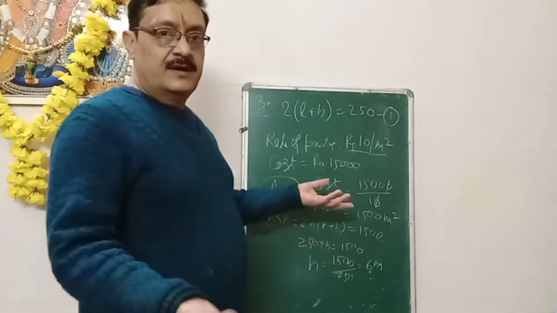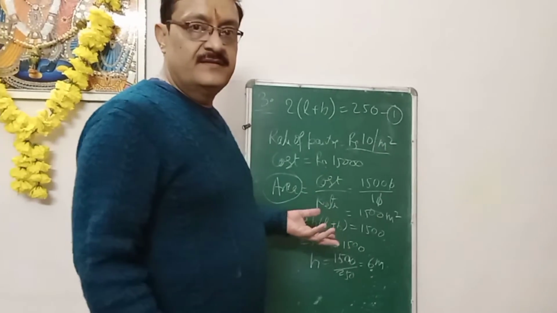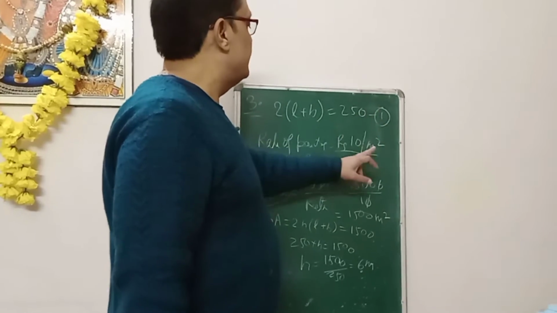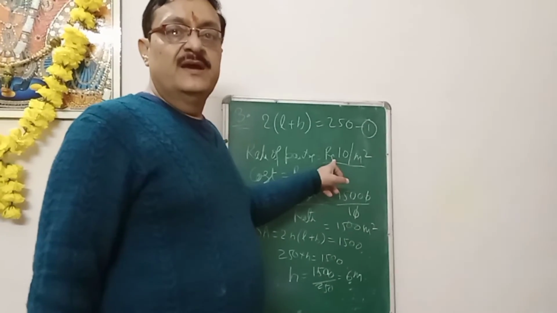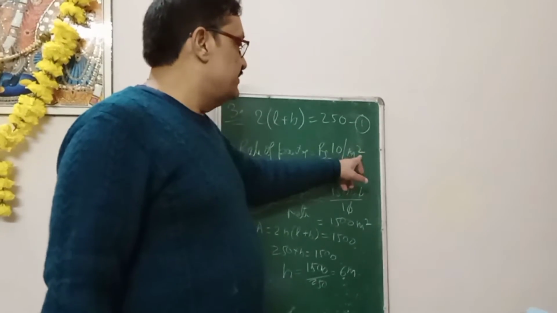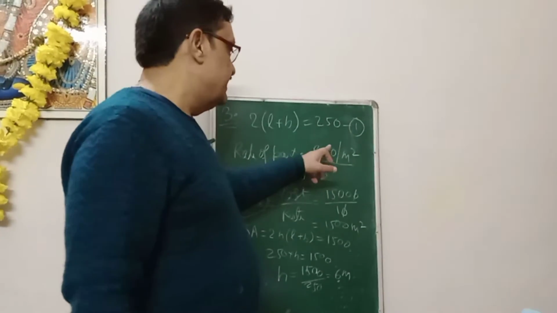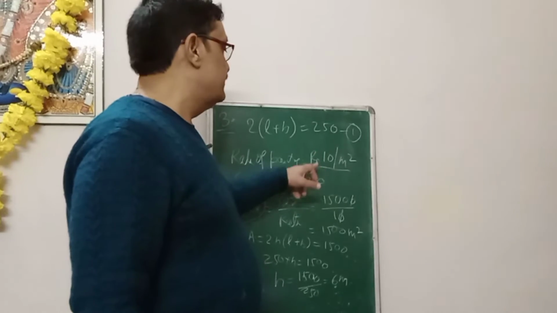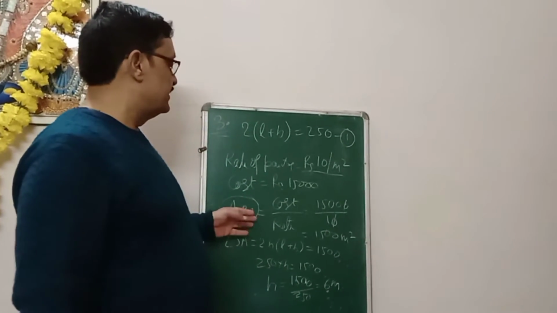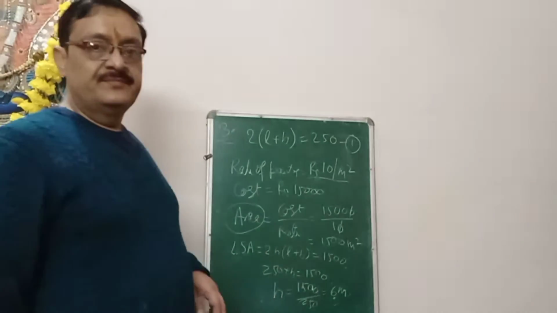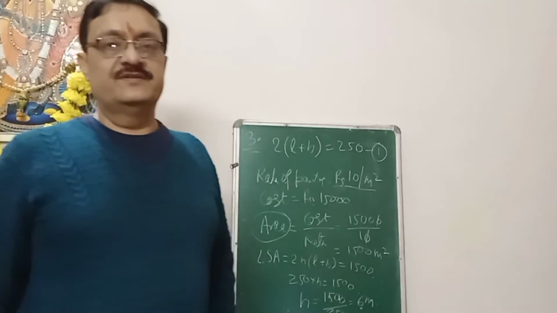You assume area to be x meter square, then for 1 meter square rupees 10 is to be paid. So for x meter square, 10x would be equal to this. So x is equal to 15,000 divided by 10, and this is what I have written. So this is the third question.